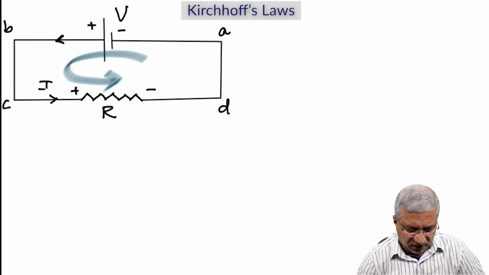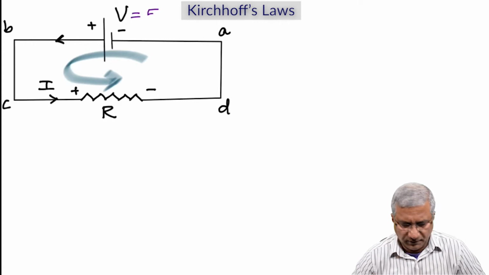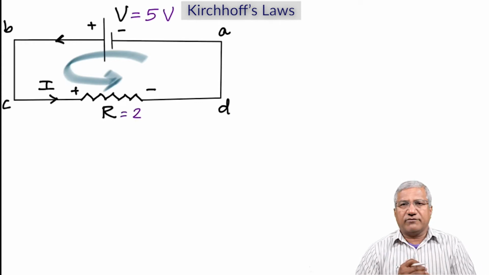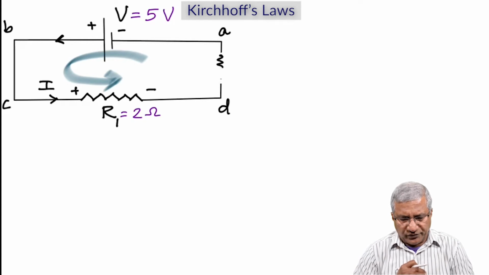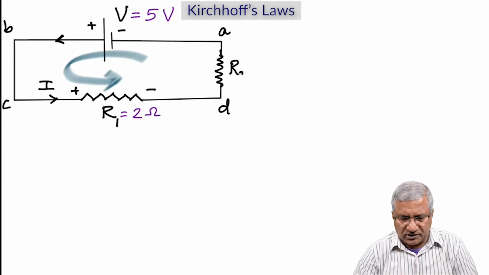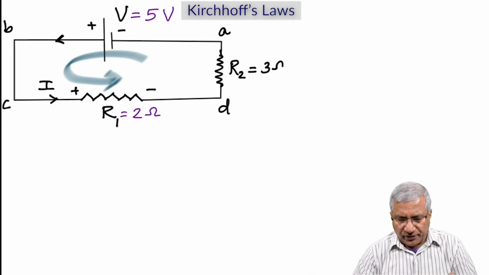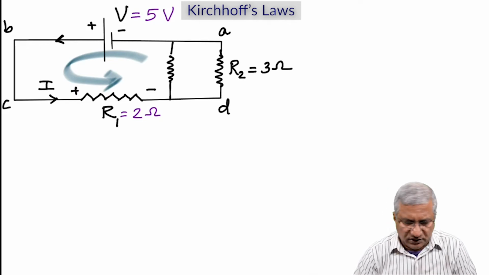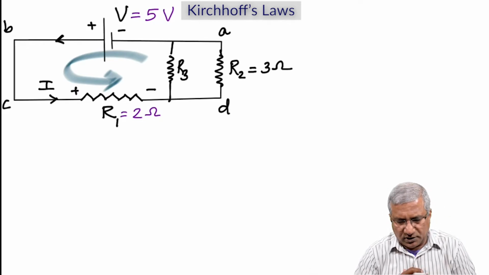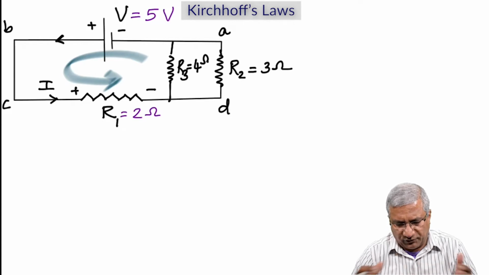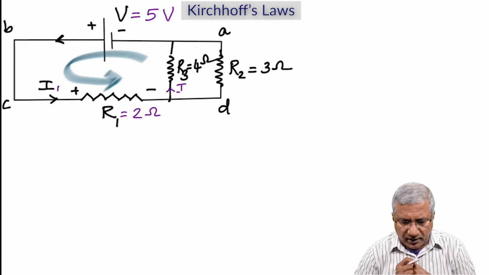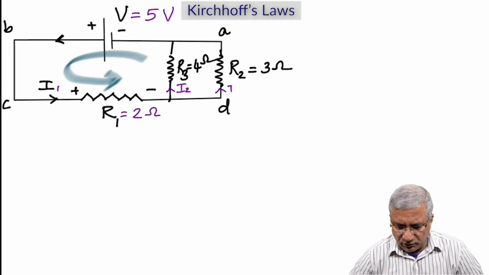So this was the current. Let me move this faster. 5 volts, 2 ohms, so that's R1. I've added one resistance there, R2, which is 3 ohms, and another resistance, R3, which is 4 ohms. And the currents are I2 and I3.